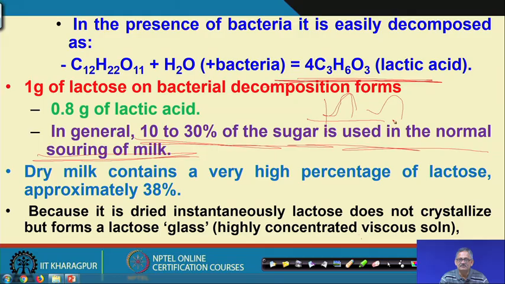Dry milk contains a very high percentage of lactose, with respect to dry basis approximately around 38 to 40%. Because it is dried instantaneously, lactose does not crystallize, but forms a lactose glass, that is called the glassy state.